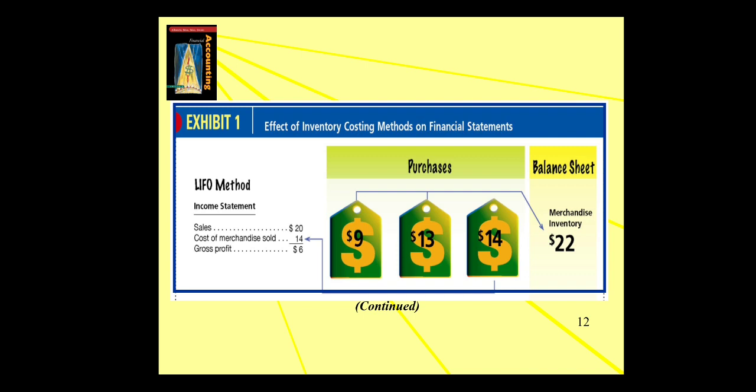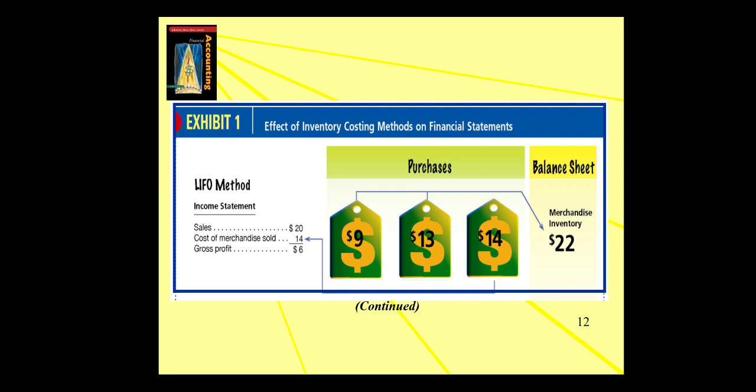How much is the cost of merchandise sold or cost of goods sold? This business uses LIFO, last in, first out. So the last product that goes in will go out first. The last product that goes in is the purchase at $14 per unit. So the cost of goods sold or merchandise sold is $14. So for this business in the month of May, the gross profit is $6.